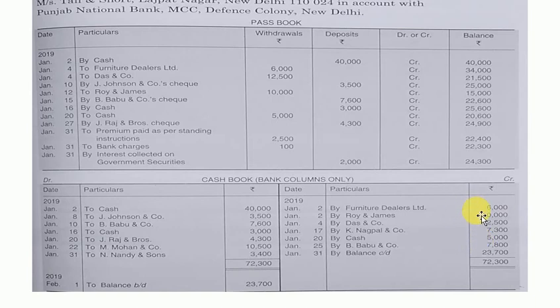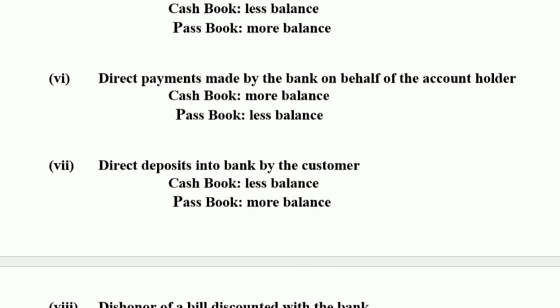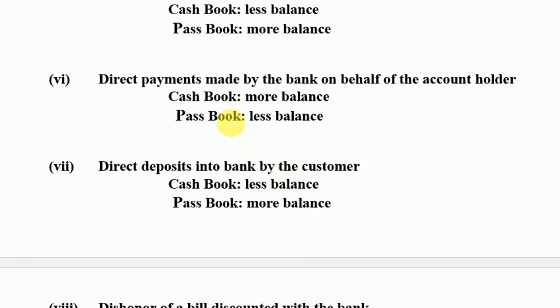So here there is no amount 2500 in regard to insurance premium. So this is the example of that cause, direct payments made by bank on behalf of the business, due to which the cash book has more balance while passbook has less balance.